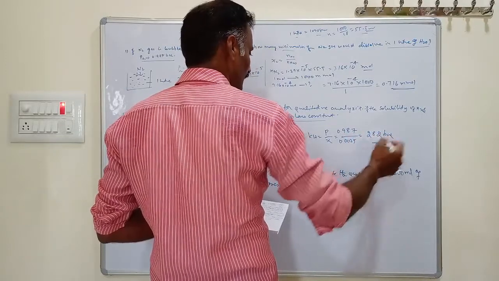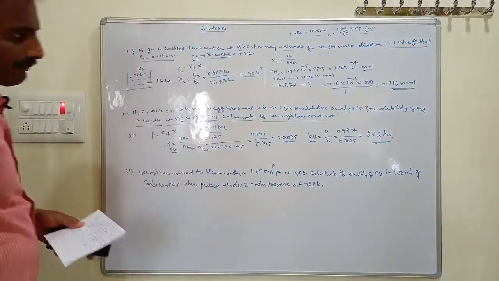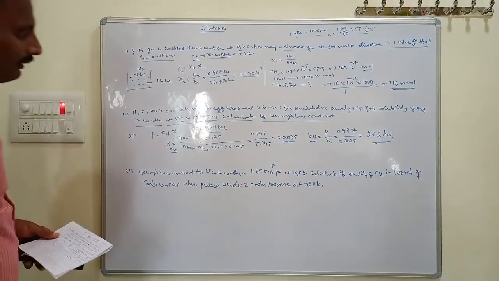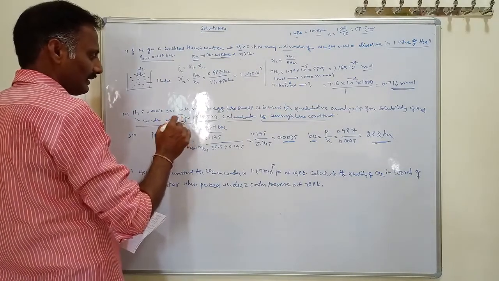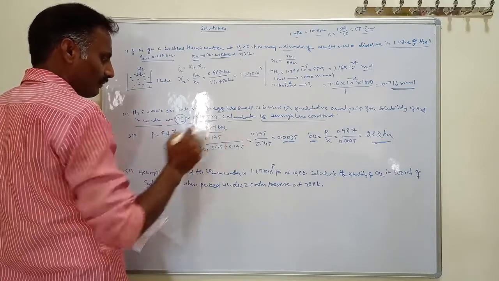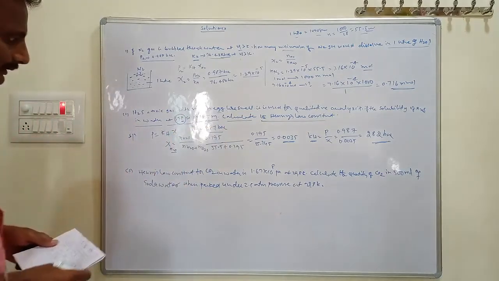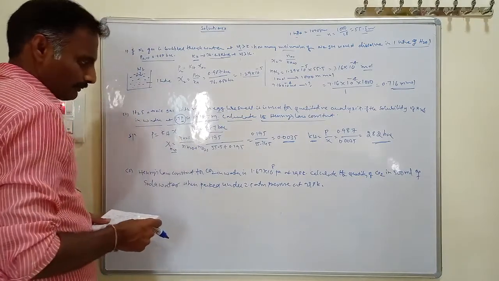This is Henry's law constant, 282 bars. This is not given here, and we know that at STP conditions the atmosphere pressure is 0.987 bar. This is the partial pressure of the gas in atmospheres.